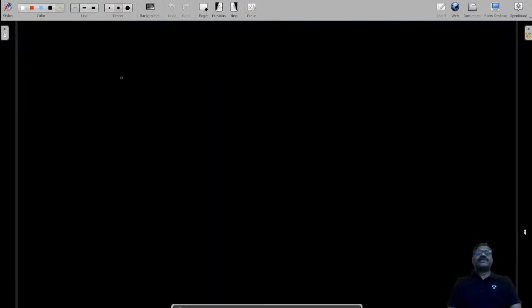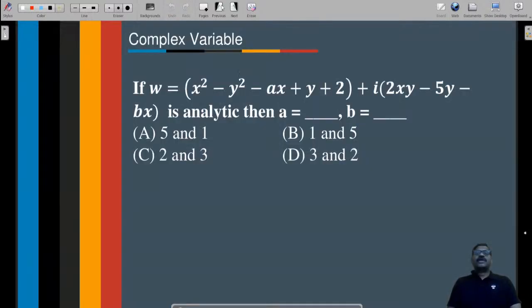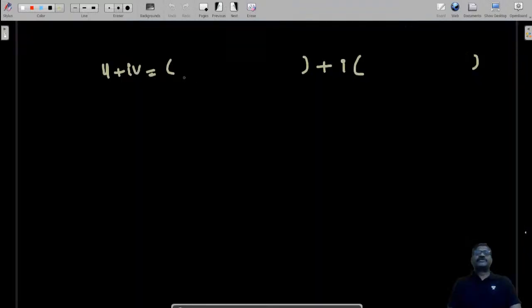u plus iv equal to x square minus y square minus ax plus y plus 2 plus i into 2xy minus 5y minus bx.